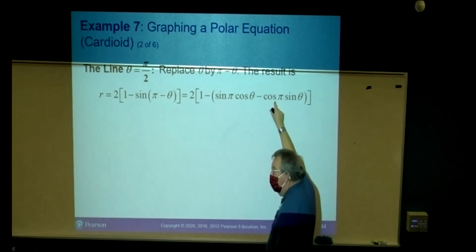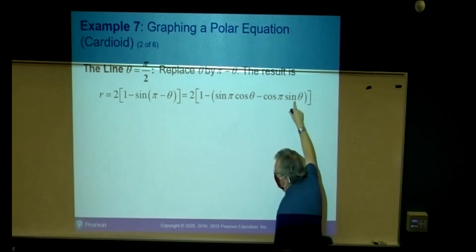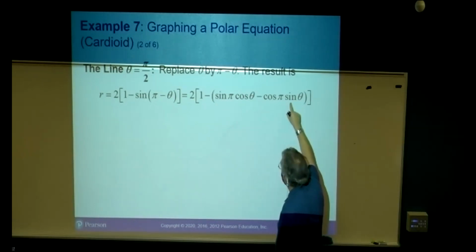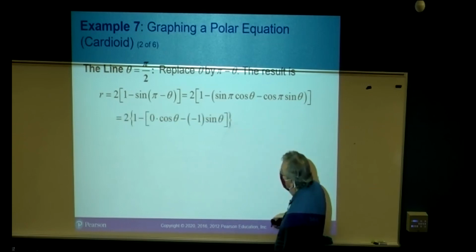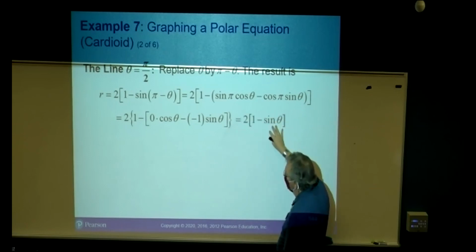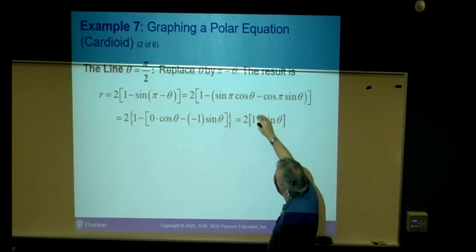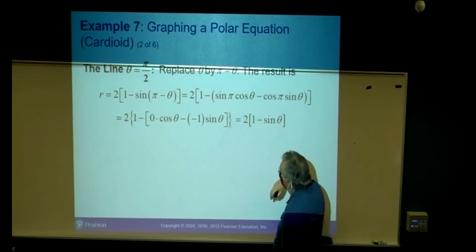Cosine of pi is -1. And so this is going to be plus sine, because minus and negative is plus. And so it's going to be 1 minus sine. Okay, so they put in the numbers. And so it just works out to be this. It works out to be the same formula. So it is symmetric with respect to pi over 2. Theta equals pi over 2.